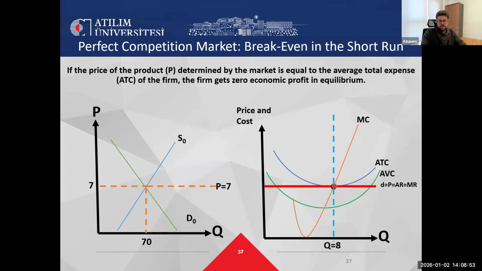That is equal to average total cost. Then find the average variable cost, that one. Then calculate the profit. That profit equals 0, and that is called the break even point. When price equals the minimum point of average total cost, profit is 0, and that is called break even.